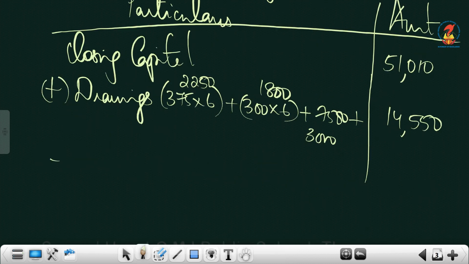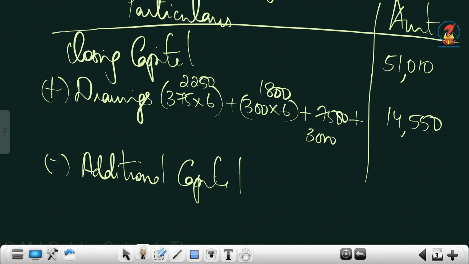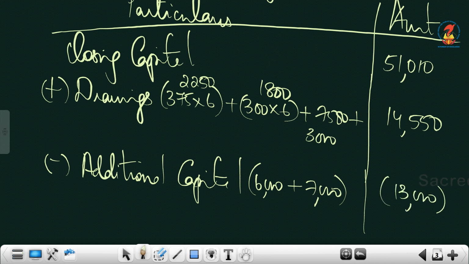Then less additional capital, that also you have to consider two amounts there. One is lottery prize amount 6,000 and then the sale value amount 7,000. So 13,000 will be the additional capital which is to be deducted. So write within brackets. Okay.